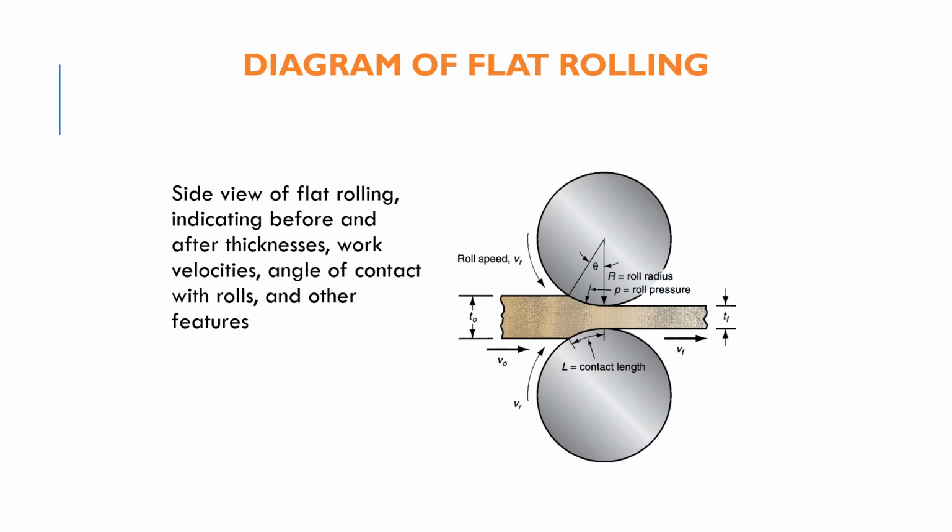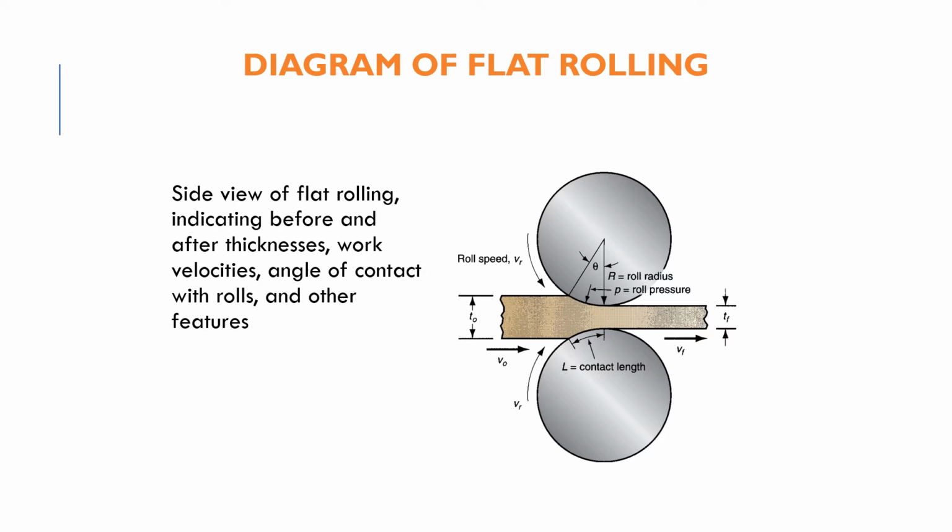Here is the diagram of flat rolling. This is the roller, and for this roller there will be a roll radius. Here you will also see the contact length, L, where the roller and the work material are in contact.